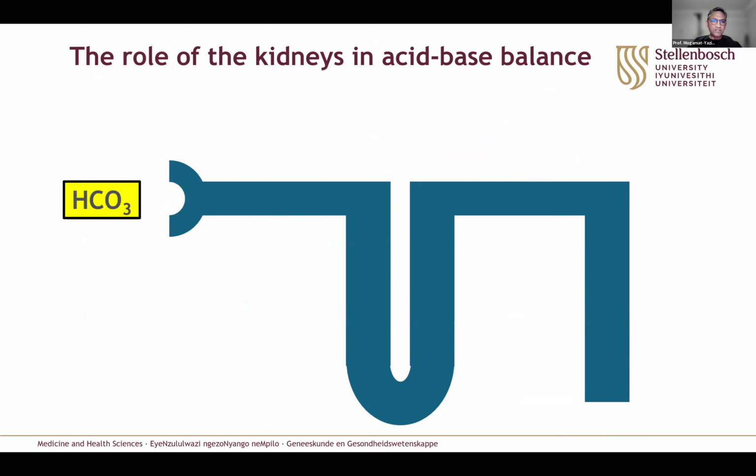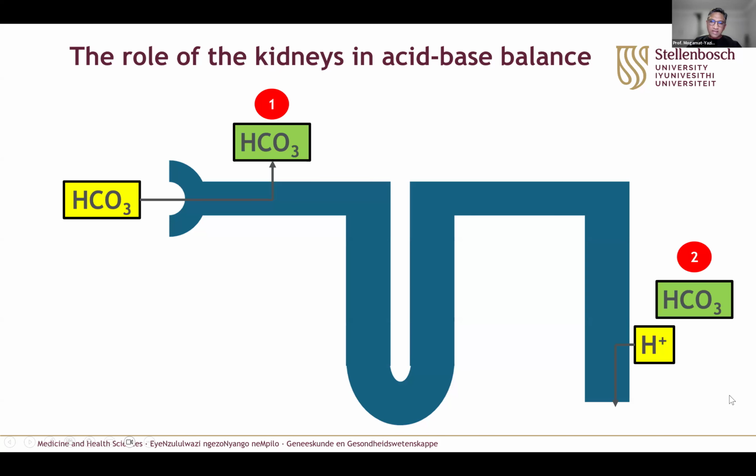Firstly, you need to know there are three things. Firstly, filtered bicarbonate is reabsorbed by the proximal tubule. Here, we don't gain any new bicarbonate. Here, we are simply reabsorbing what we already have. Second, hydrogen secretion in the distal convoluted tubule and the collecting duct is linked to new bicarbonate generation.